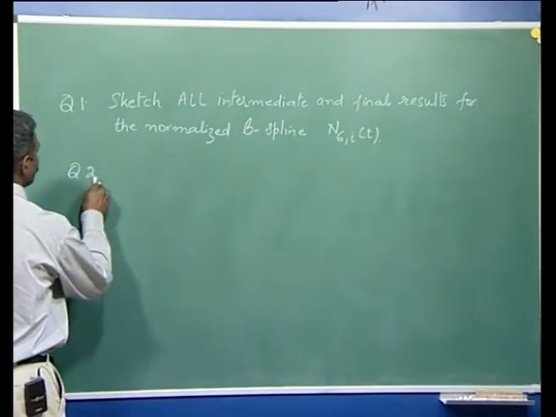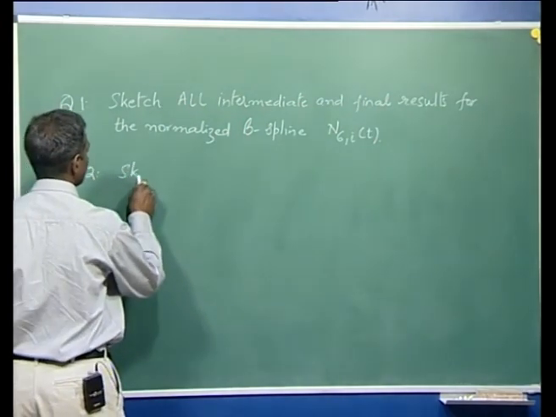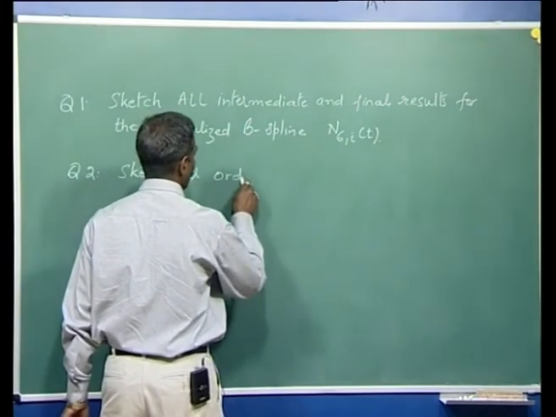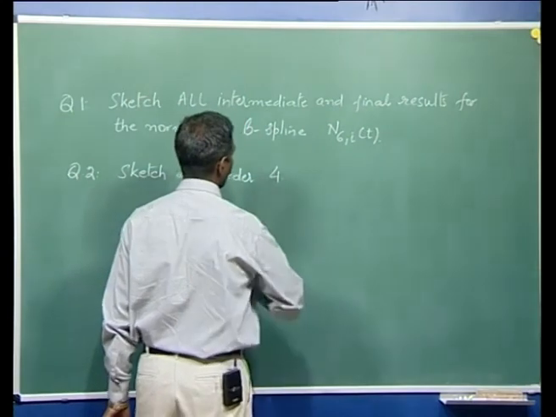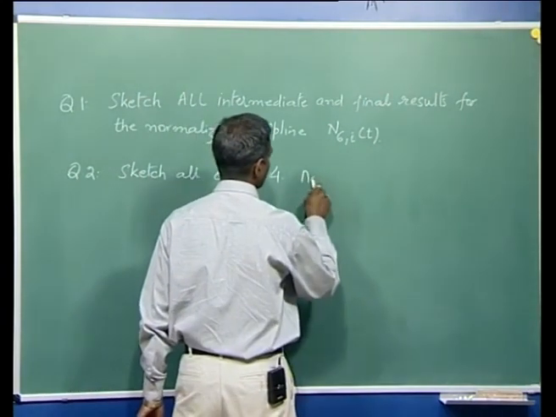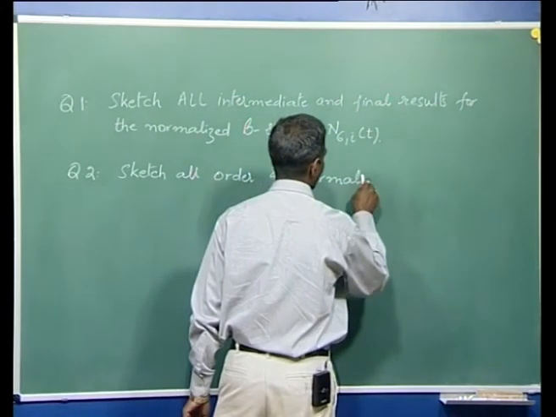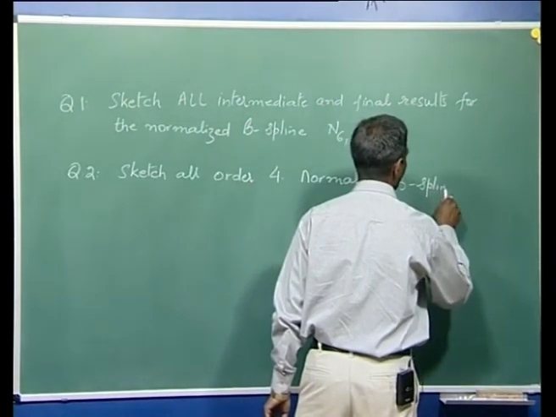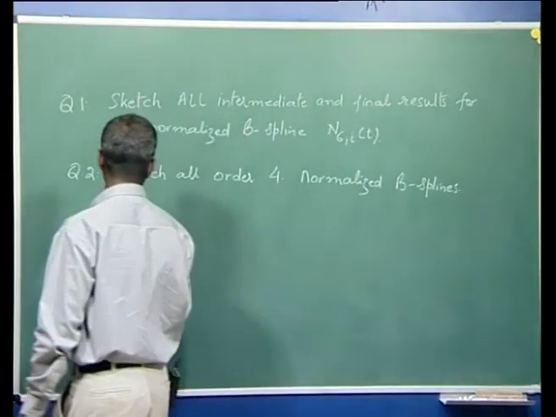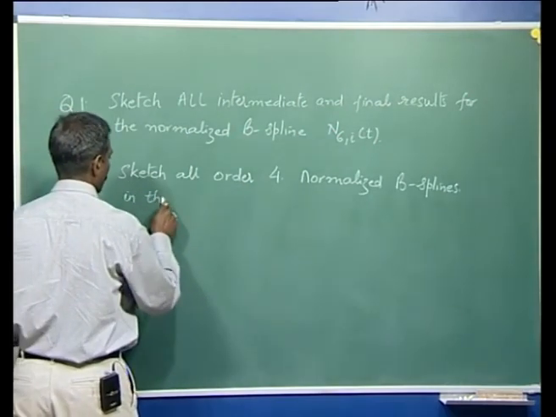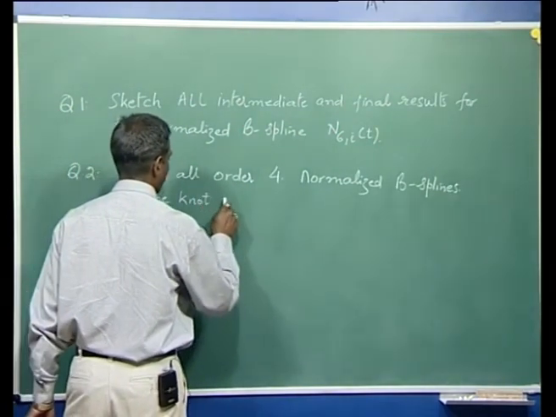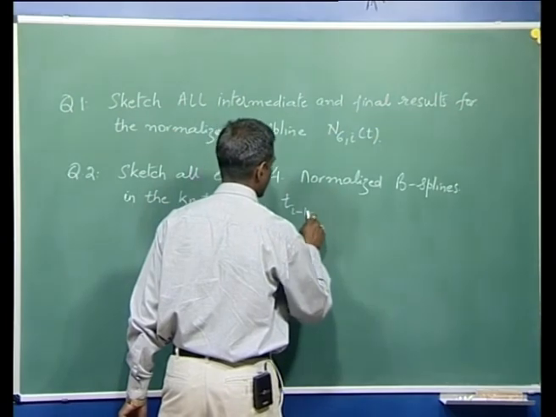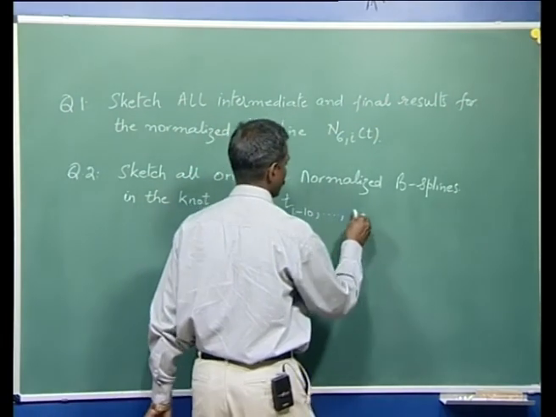Question 2. Sketch all order 4 normalized B-splines in the knot span t_(i-10) to t_i.